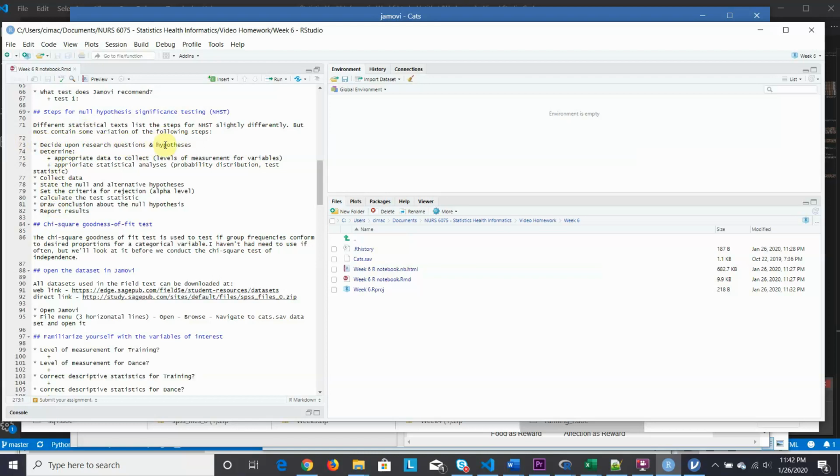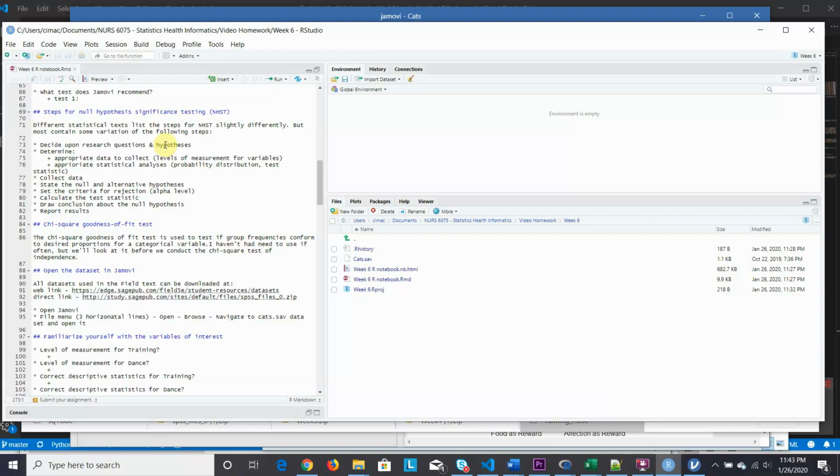And that gets down to the point that there really are a couple kinds of hypotheses that you deal with when doing statistics. One are research hypotheses, which deal very directly with your question. So in the case of his example of getting cats to dance, he thinks that your research hypothesis might be something about cats learn to dance better with a certain type of reward, whatever that is.